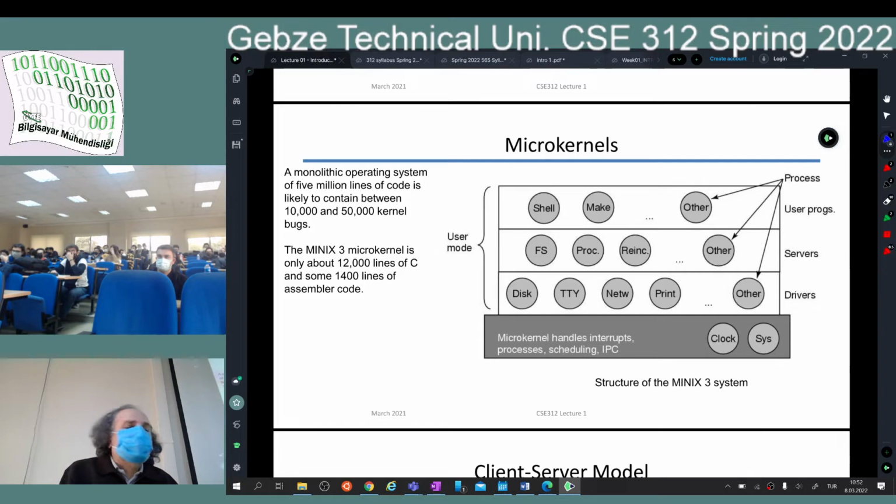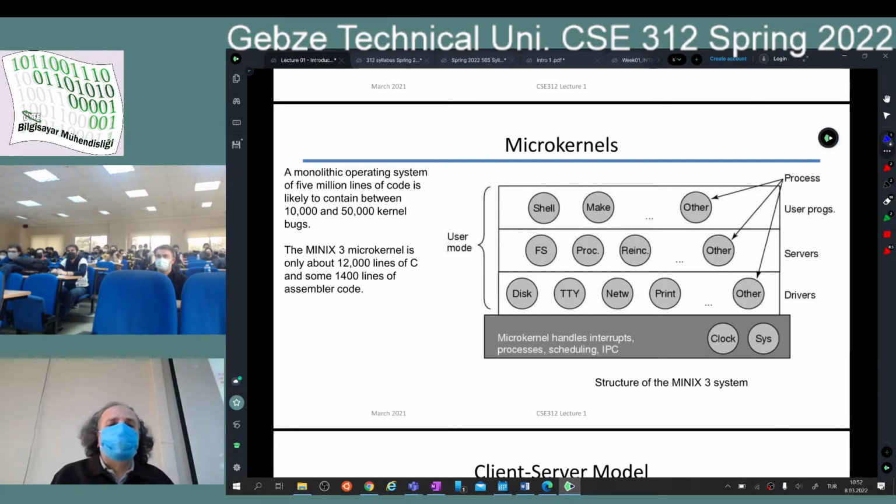It just creates a new process for those. Okay, so it is checking the system health all the time. Other than the kernel, if anything goes down, this one will reincarnate them. So that's the idea of microkernels.